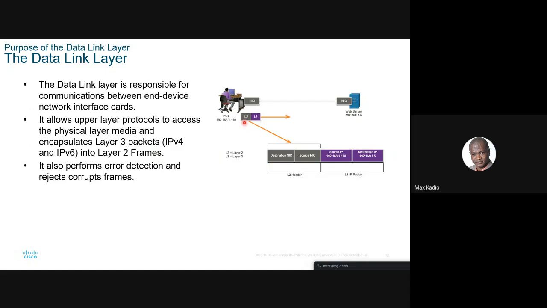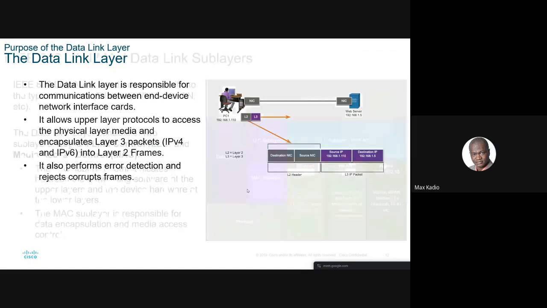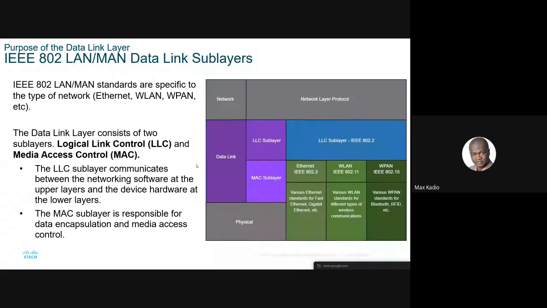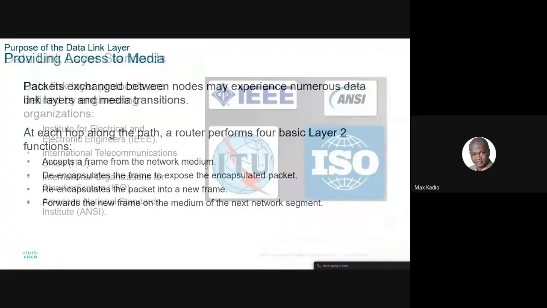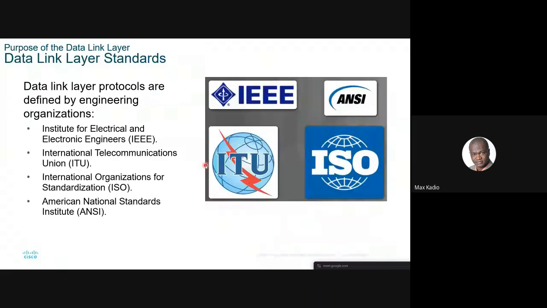If one is missing, no communication. Both should be there, and the source and destination should be there. Anything else here is only some readings, some data link layer standards. Again, these will decide how it is organized, how traffic will flow, and all this stuff.